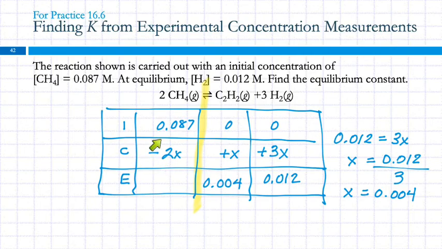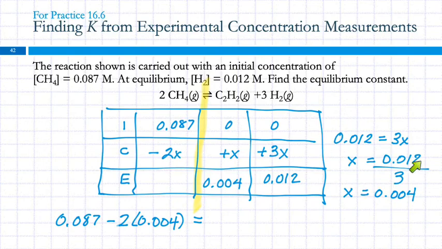And here I'm losing 2x, right? So I've got 0.087 minus 2 times 0.004. This is the sort of stuff that you wouldn't really write down necessarily.